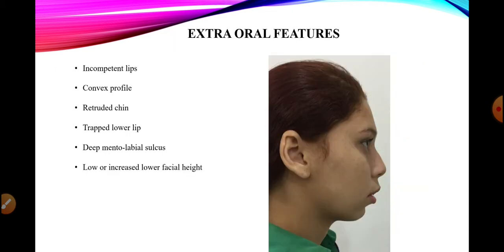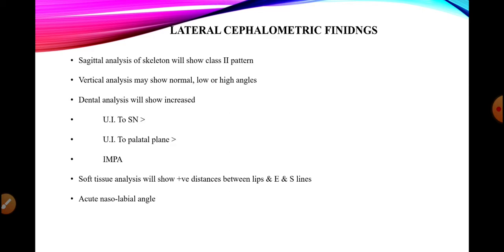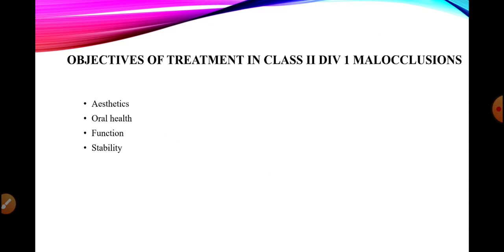When we talked about the extraoral features, we talked about the convex facial profiles, incompetent lips, increased or normal lower facial height, retruded chin, and so on and so forth. Then we discussed the lateral cephalometric findings, in which we said that the anteroposterior relationship of maxilla and mandible is disturbed, with the maxilla lying forward to the mandible, and all three types of vertical patterns may be seen, with increased inclination of the incisors and protrusive lips.